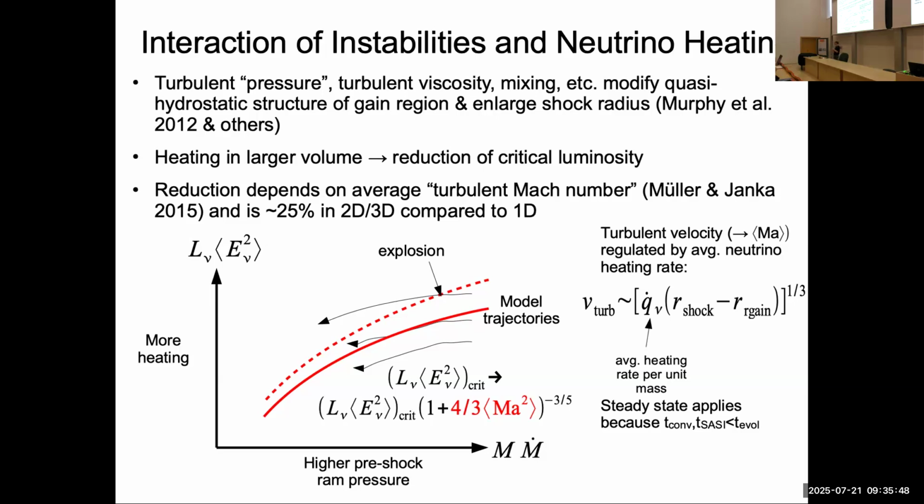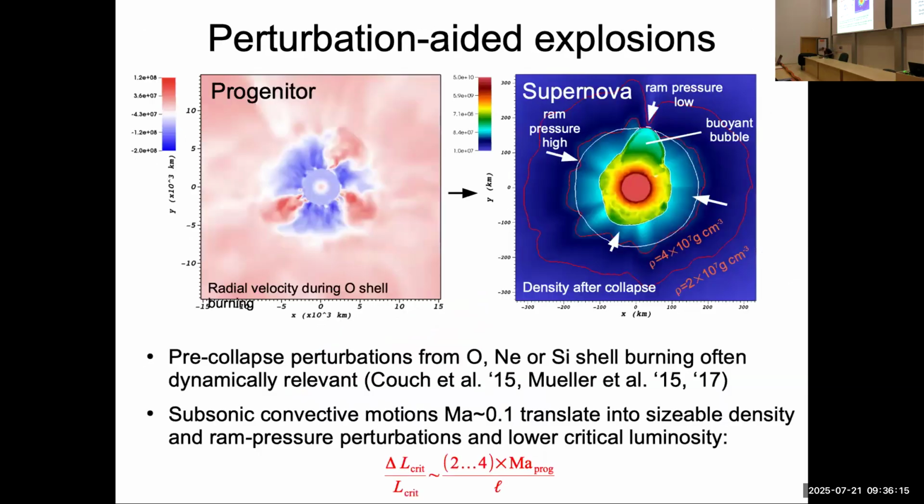The relevant order parameter, as it were, is really the turbulent Mach number of this aspherical flow behind the supernova shock, so the ratio of the magnitude of the velocity fluctuations, the aspherical velocity components, to the sound speed. If that's sufficiently large, then that will help you get into a runaway driven by neutrino heating more easily.